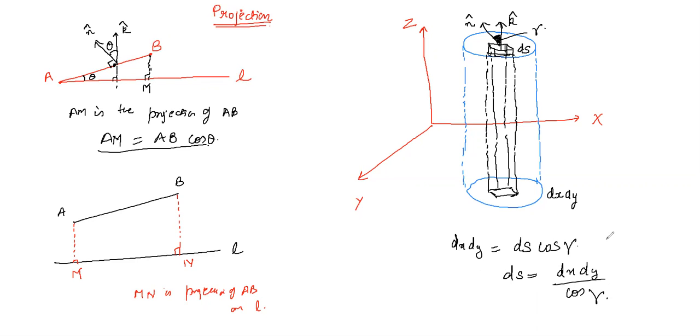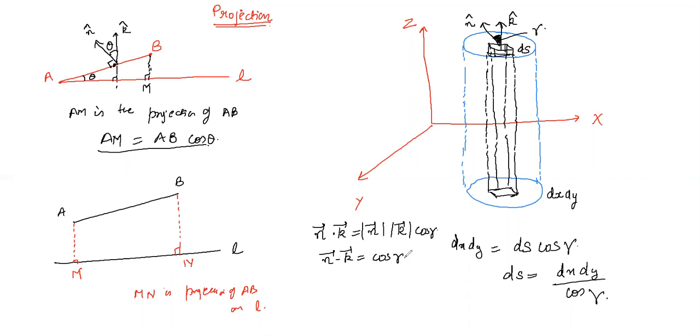Now next we are to calculate the value of cos gamma in terms of n cap and k cap. For this we consider n dot k cap, the dot product of n with k. So this will be equal to the magnitude of both vectors into the cos of the angle between them. Since both are unit vectors, the magnitude will be 1.